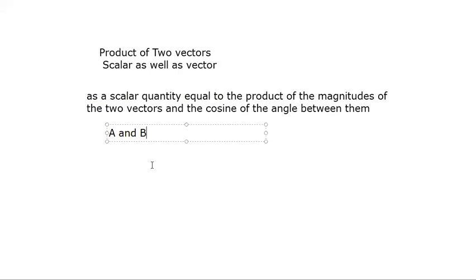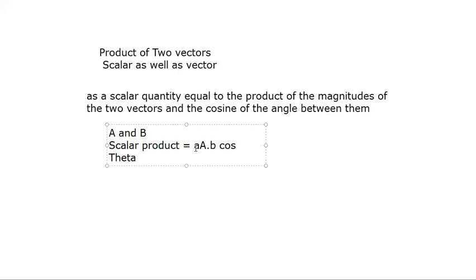So if there are two vectors A and B, then their scalar product will be equal to small a, small b, into cos of the angle between them. Let the angle be theta. A dot B equals AB cos theta.